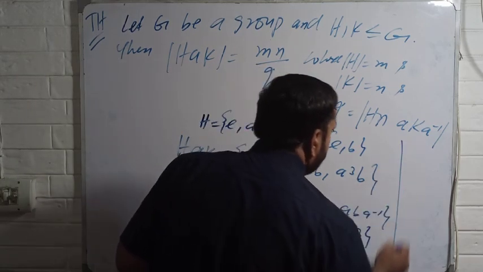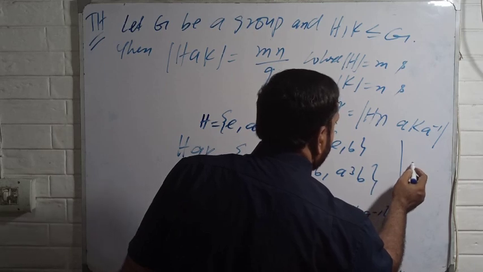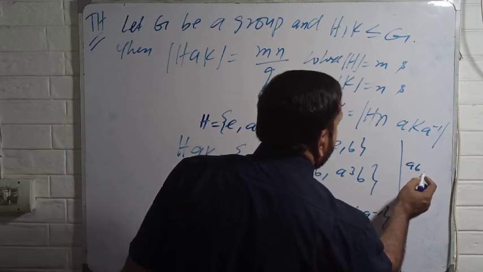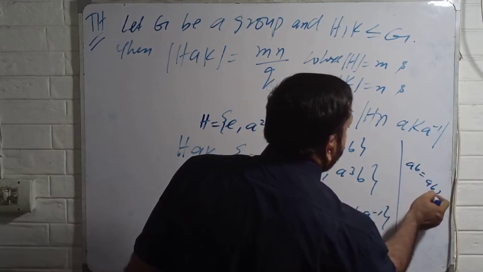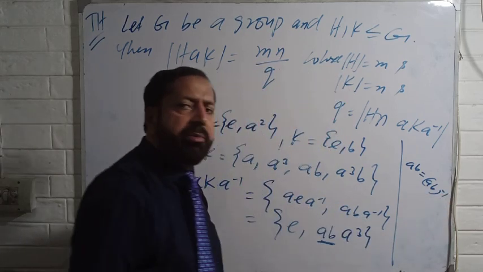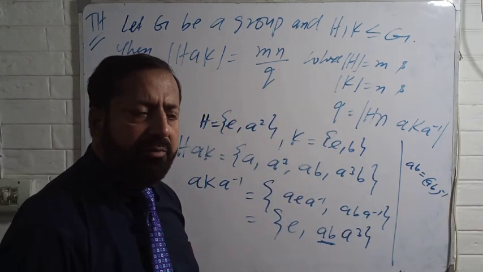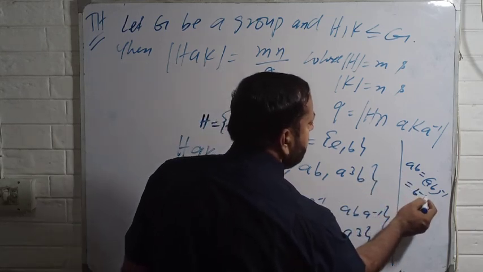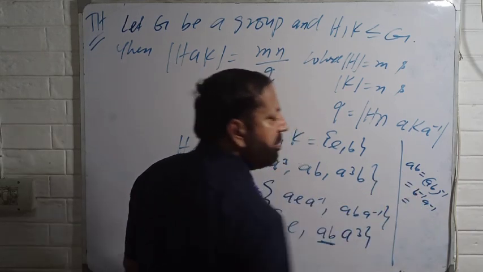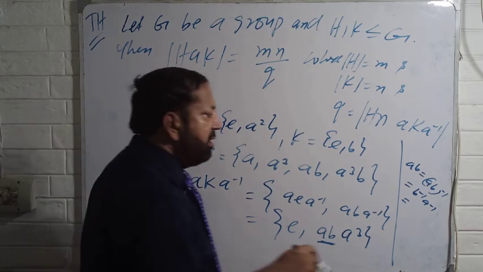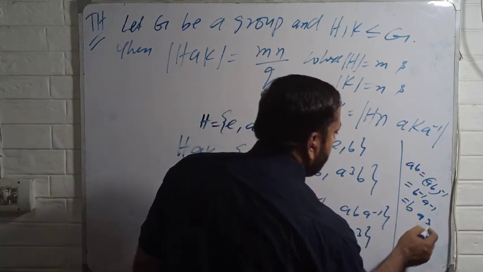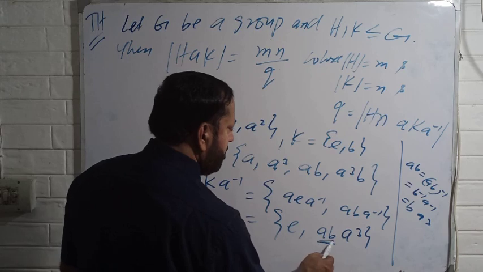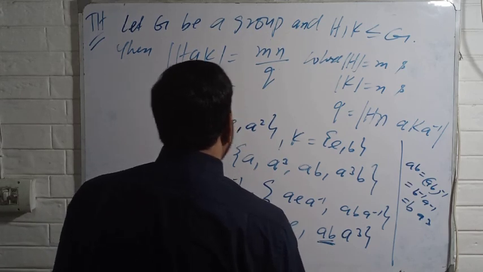You can find here, you know, AB is equal to AB inverse, because you know AB square is equal to E. In D4, AB square is equal to E. So that's why AB is equal to AB inverse. This is B inverse, A inverse, and you know B square is equal to E, so B inverse is equal to B, and this is equal to A cube. So B A cube, AB is equal to B A cube. Right here.